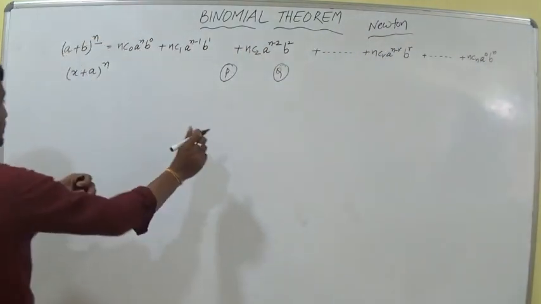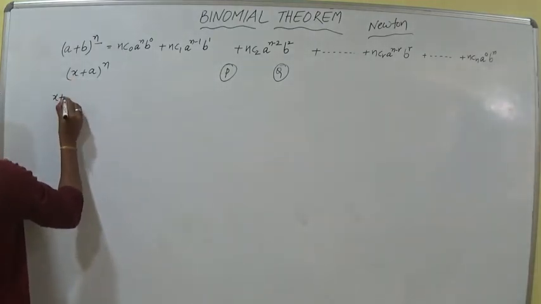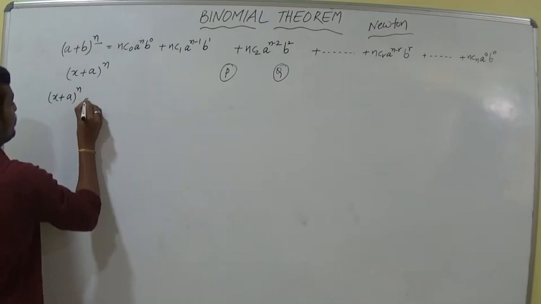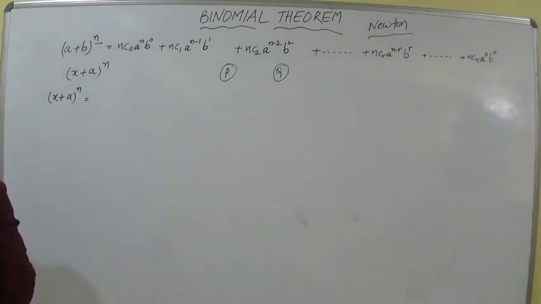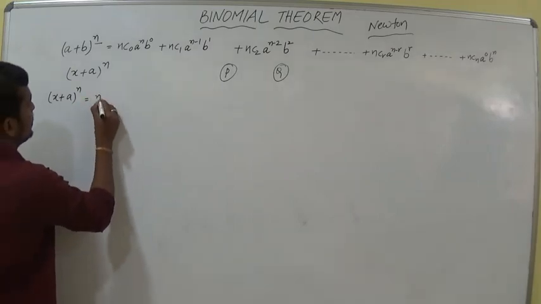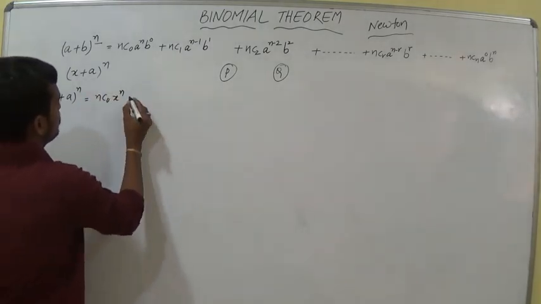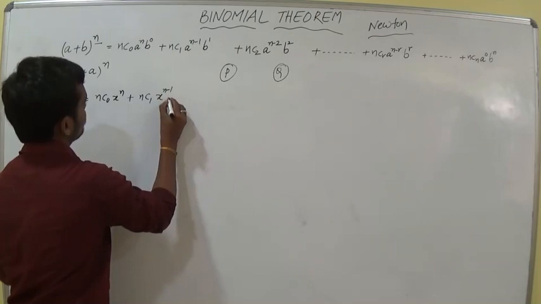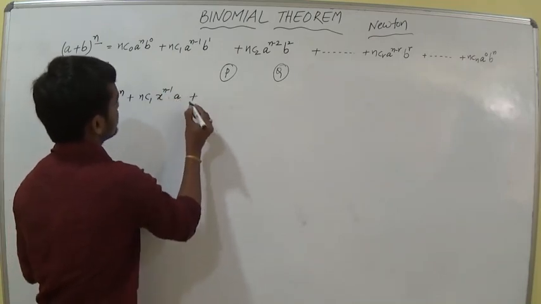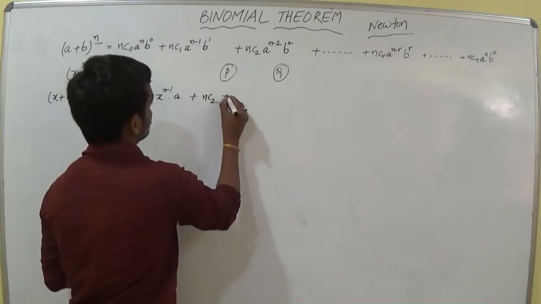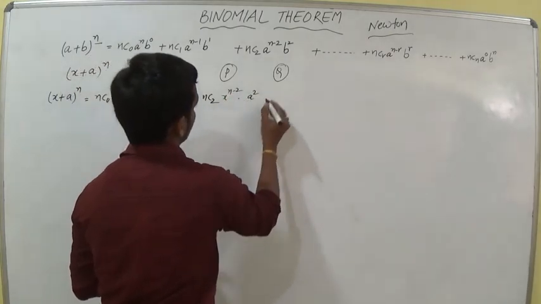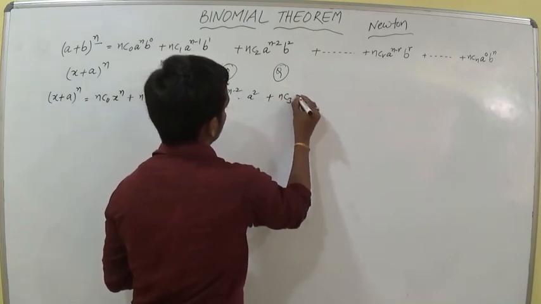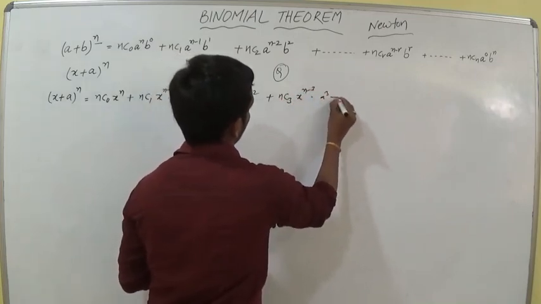First of all, I am writing the expanded form of (x plus a) whole power n. nC0 x power n a power 0, nC1 x to the power of n minus 1 into a, plus nC2 x to the power of n minus 2 a square, plus nC3 x to the power of n minus 3 a cube, and so on.